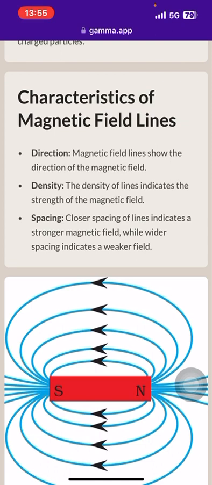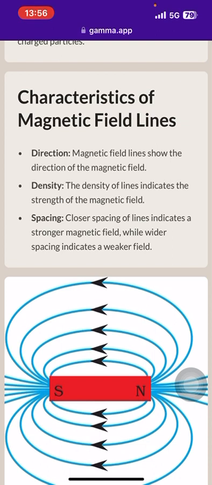So closer spacing of the lines indicates a stronger magnetic field, while wider spacing indicates a weaker field. Wider spacing means very low density, but closer spacing means very high density. Because of high density, the number of magnetic lines is more.